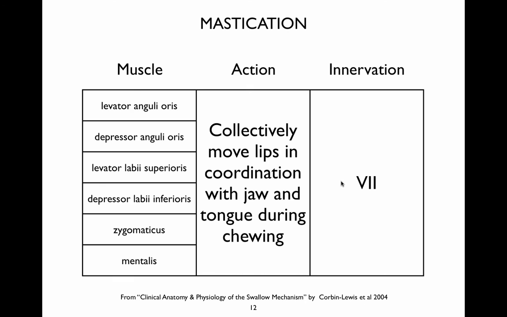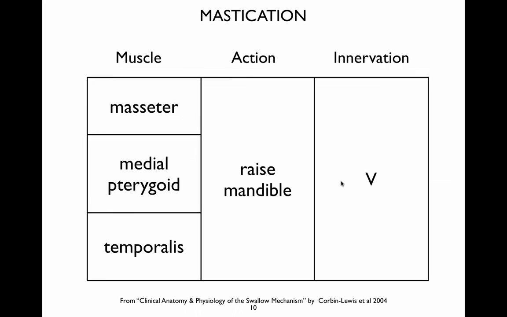This would be a good time to talk about what aspects of this kind of knowledge you would need to know for an exam. So to discuss this point, I'm going to go backwards in the slides for just a moment. I'm going to use mastication, mandibular elevation as my example.